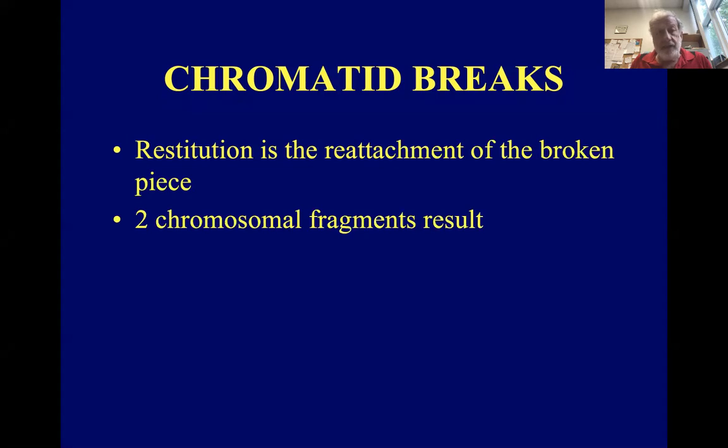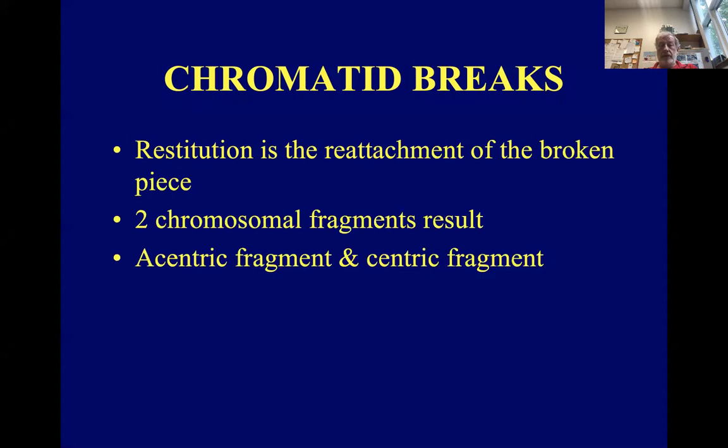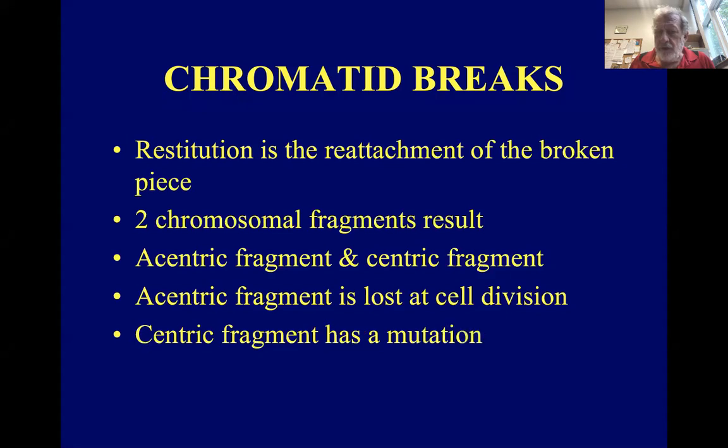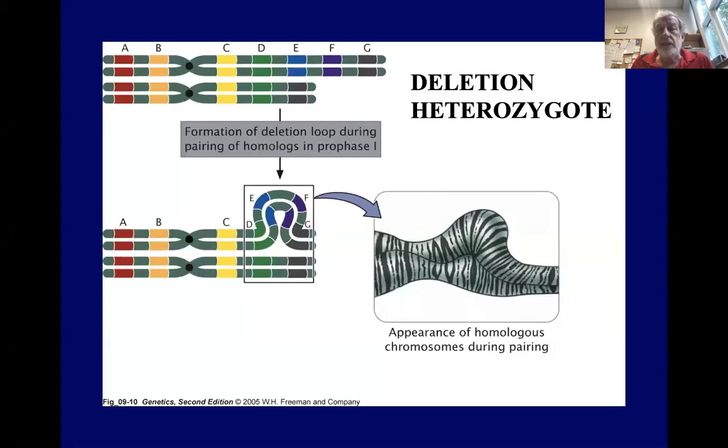But if that doesn't happen, we have two chromosomal fragments, the acentric and centric fragments like I just showed you. The acentric fragment will be lost because it has no centromere for the spindle fibers to attach to. And the centric fragment then will have a mutation called a deletion. And we'll talk about that next.